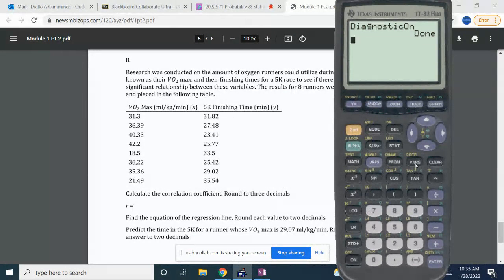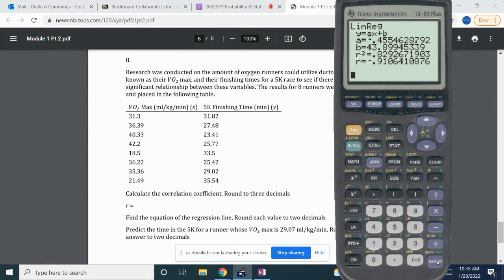The next thing I'm going to do is calculate the regression equation as well as the correlation coefficient. So from this point, I'm going to hit stat. I'm going to go over to calculate. I'm going to go down to number 4, and I'm going to calculate the linear regression. I'm going to hit enter once.